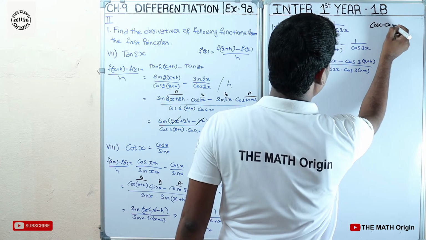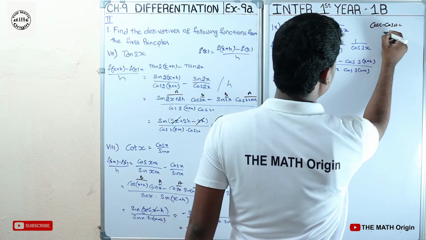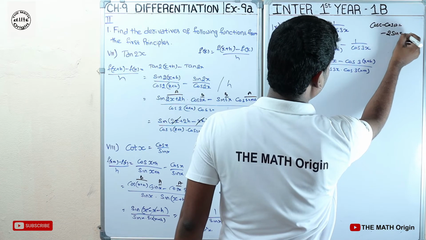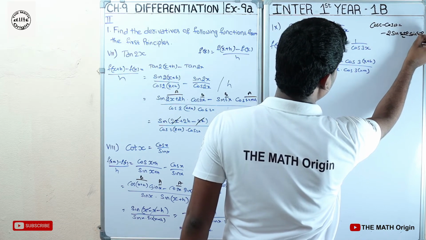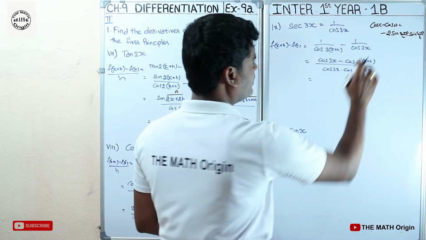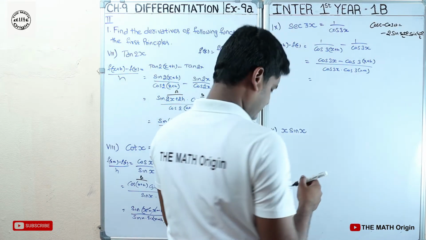cos c minus cos d is equal to minus 2 sin (c plus d)/2 sin (c minus d)/2.